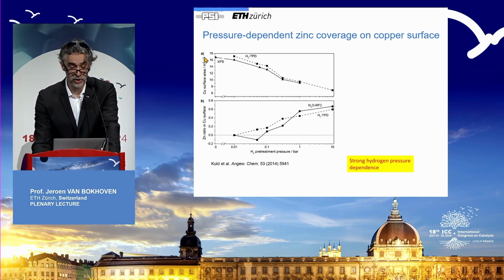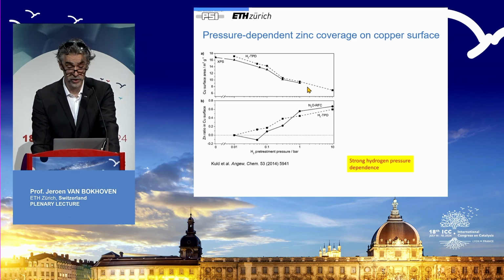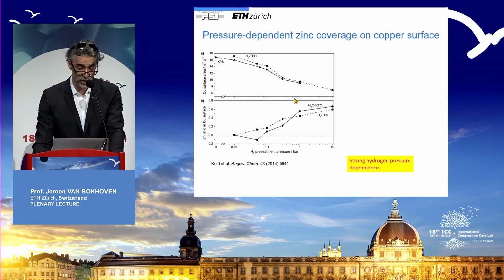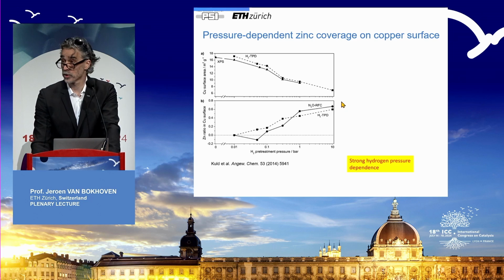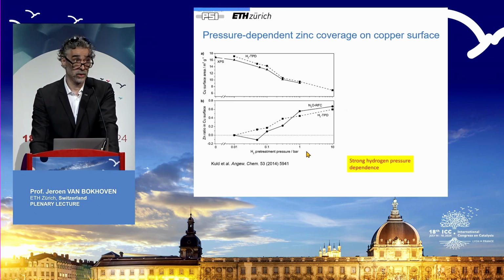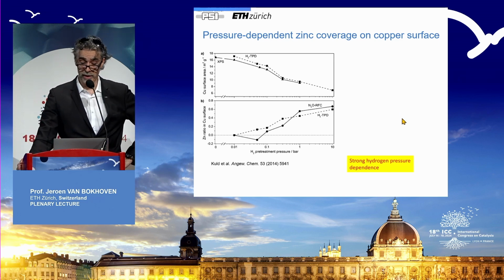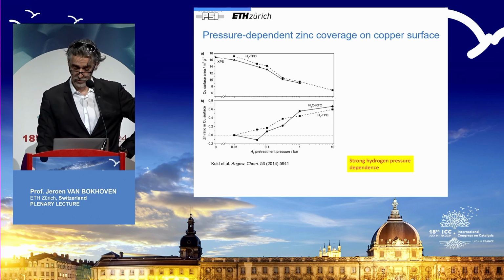What is obvious is that the copper surface goes down as a function of the hydrogen pretreatment pressure, and the amount of zinc at the surface goes up with the pressure of the hydrogen pre-reduction. So there's a very strong dependence on pressure of the actual surface that you will end up with after a pretreatment reaction.